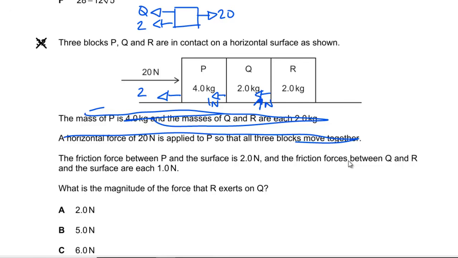So for all of this then, we've got the 20 minus 2 minus Q is equal to 4 times A. So that's for P. If we do similar things for Q and R, so for Q going forwards, we've got whatever this Q is, and we're going to have R pushing backwards, and we're going to have 1 from the friction, and that's going to be 2 times A. For R, we're going to have R pushing forwards and 1 friction coming back, which is 2 times A.